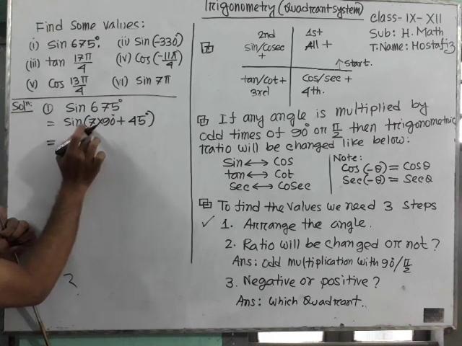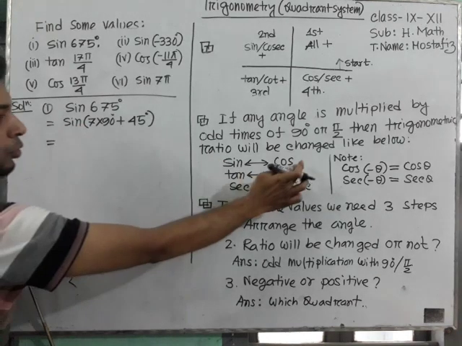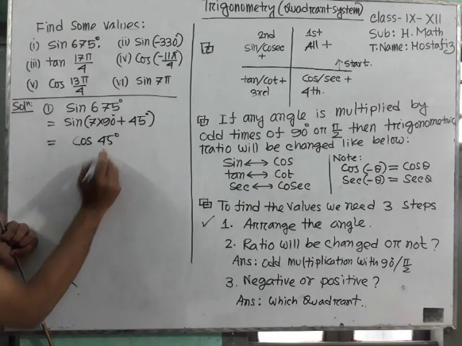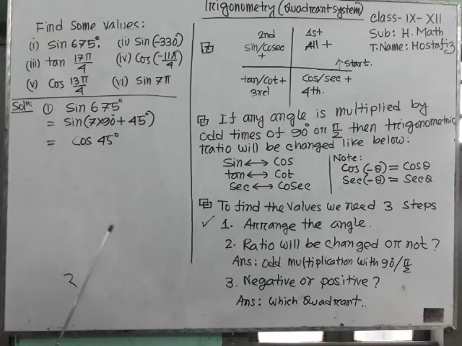So sine will be changed to cos, so it will be cos 45 degree. So the second step is finished.